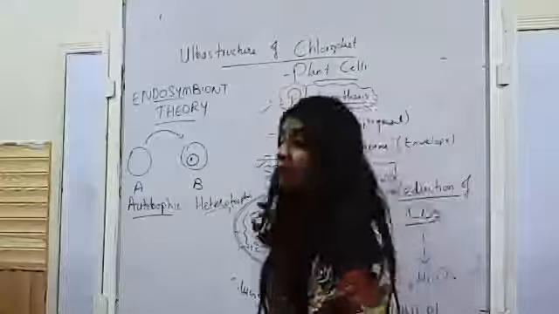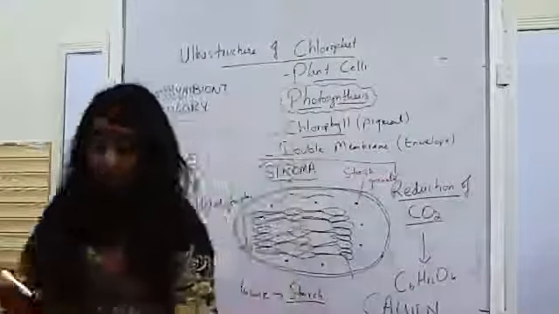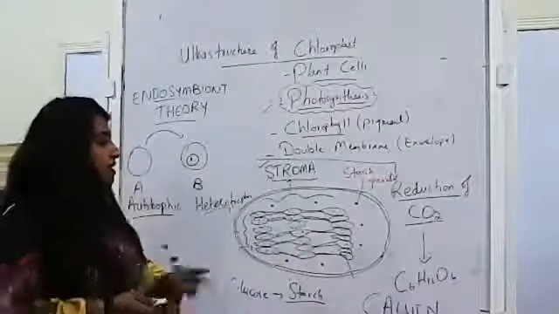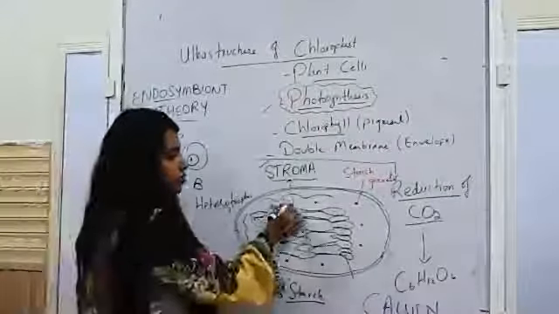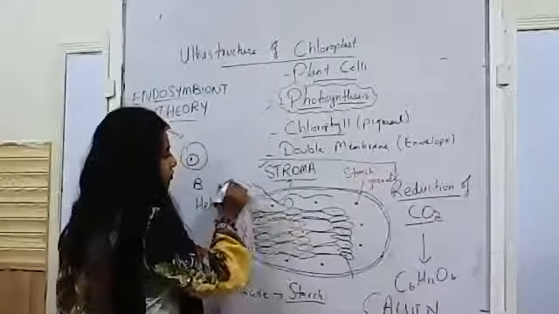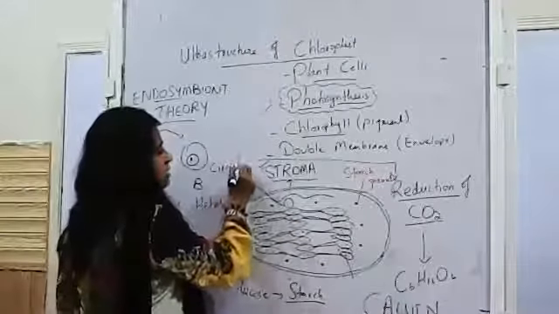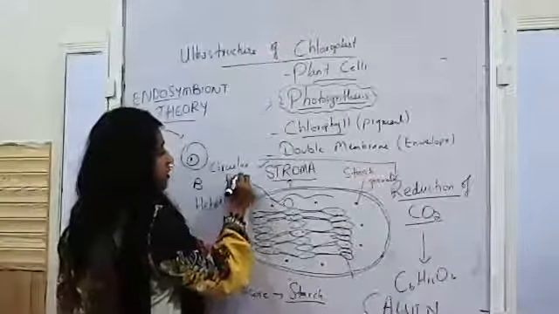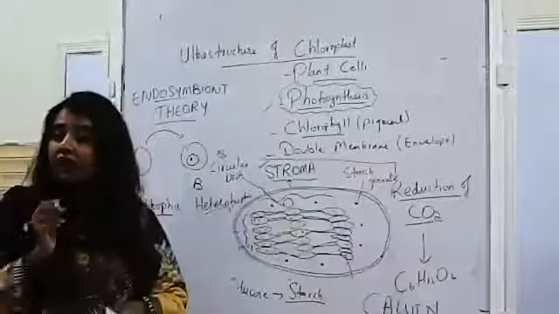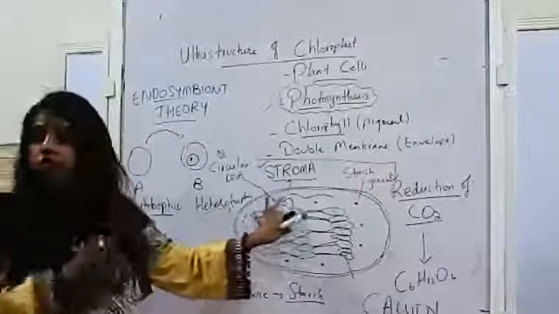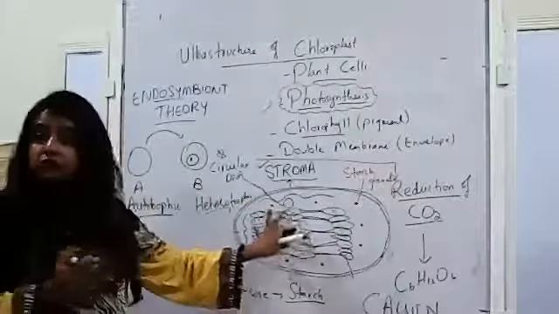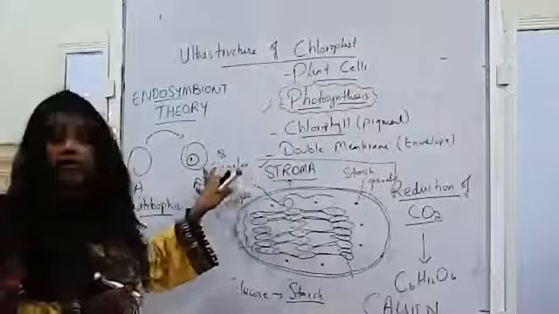We have the same proofs that we have for mitochondria. Proof number one, chloroplast has its own DNA, just like mitochondria, and the DNA is circular. We know that we do not have circular DNA. Who has circular DNA? Prokaryotic cells. That means years ago, this chloroplast was actually a prokaryotic cell.